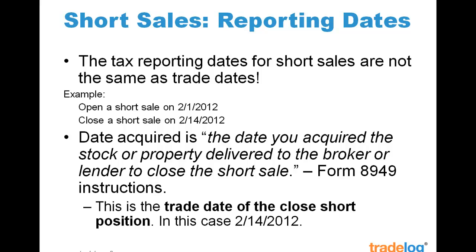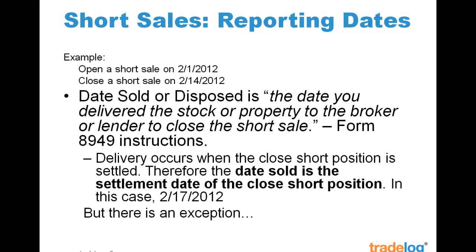So this is the trade date of the closed short position. February 14th is when you actually acquired the stock, which would then be delivered to close the short sale. So we use that closed short trade date for the date acquired on Form 8949.